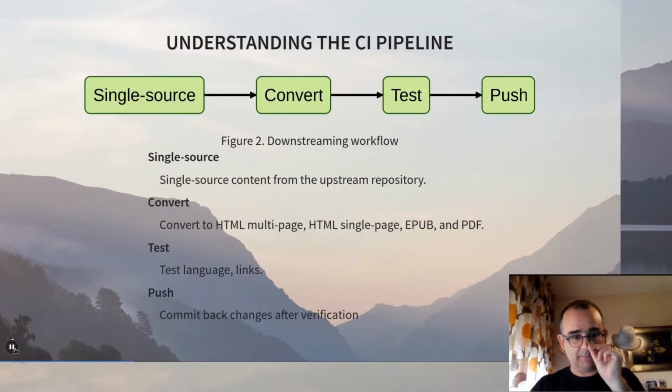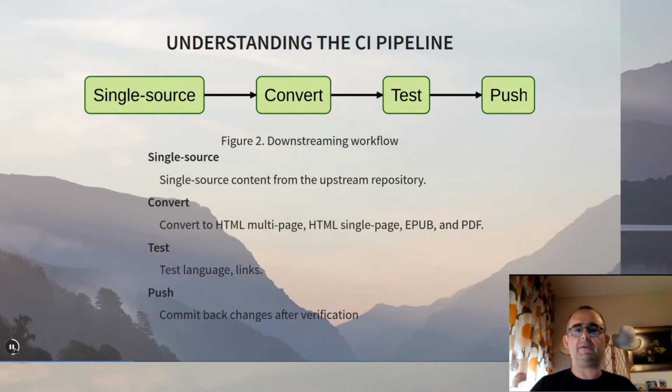And then we have the automation script. The documentation pipeline mainly is about, we have a first step that does the single sourcing. So it combines the content from the two repositories. Then we have a second task that tries to convert as our production system does.